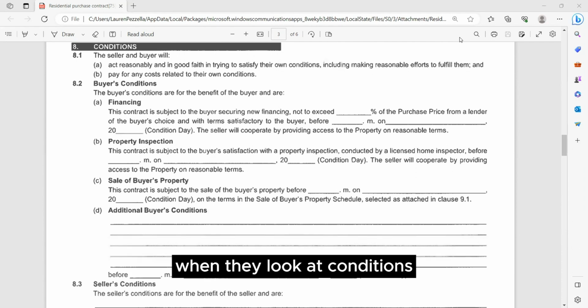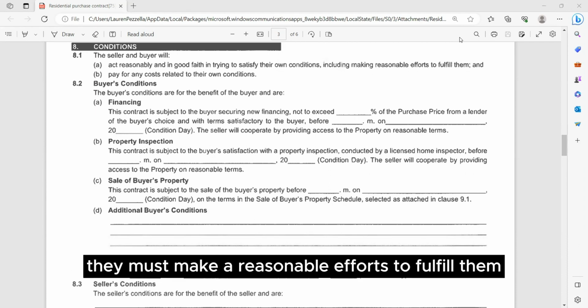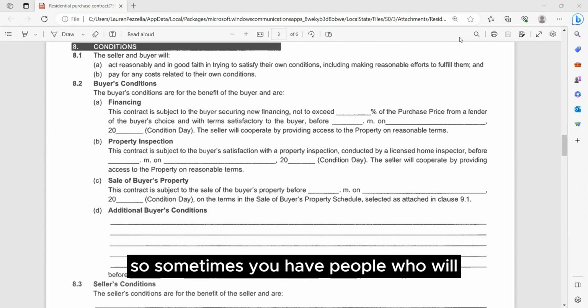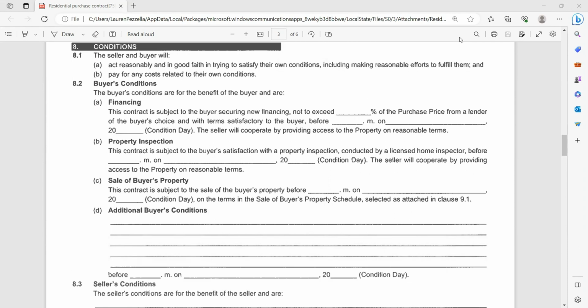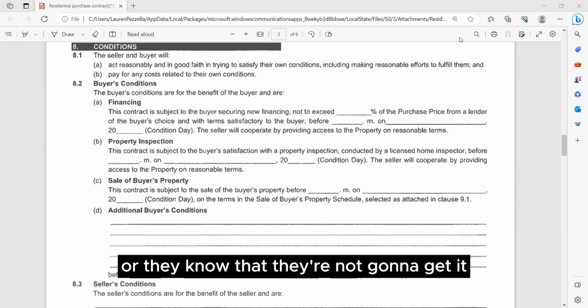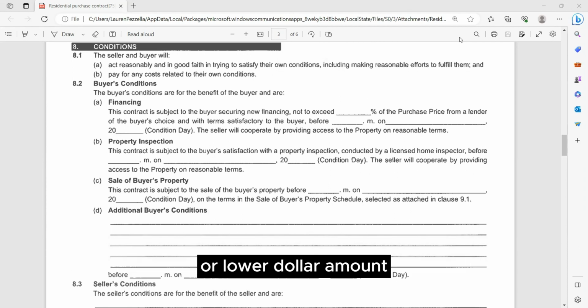It's really important to know when they look at conditions, though, that the wording under 8.1a is read. So they must make reasonable efforts to fulfill them. Sometimes you'll have people who will buy it with no intent of actually fulfilling the financing, or they know that they're not going to get it, but they still put an offer in anyway, just to see if they could get a lower offer or a lower dollar amount.